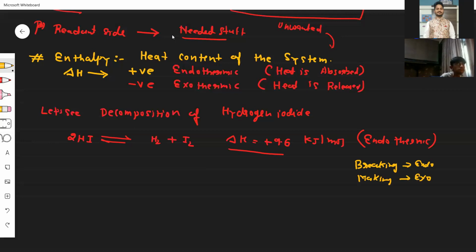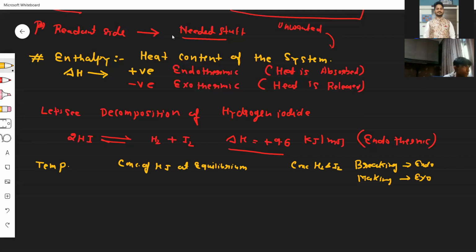Fantastic. So I have here a few temperatures listed. I have given you the temperature and the concentration of your HI at equilibrium. Similarly, the concentration of your H2 and I2 at equilibrium.